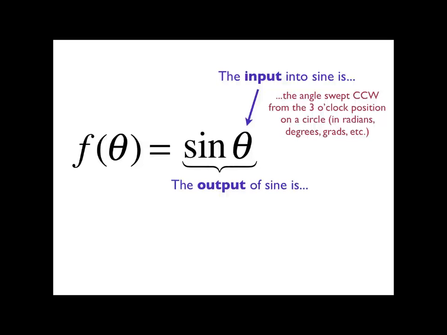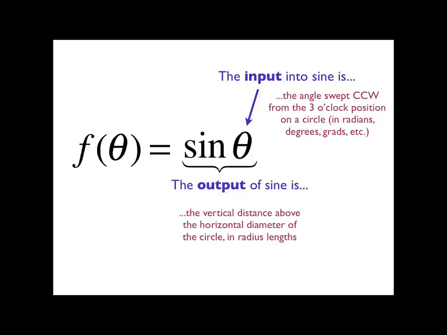Okay, he said the vertical distance from the horizontal diameter and radius length. There's one little thing we've got to improve on there. It's not just from, it's above, right? Because we're going to specify what's positive above, and then below would be negative. So the vertical distance above the horizontal diameter of the circle in radius lengths.